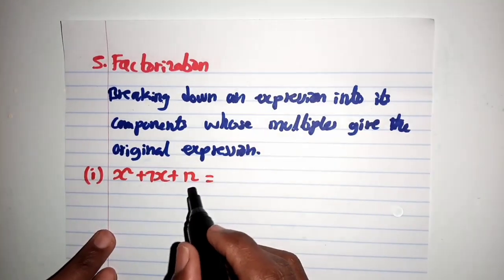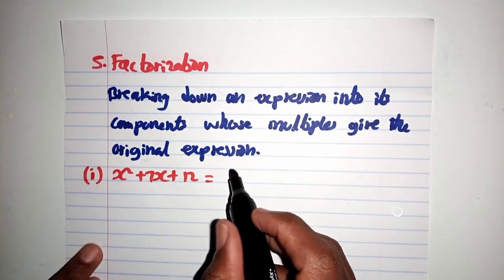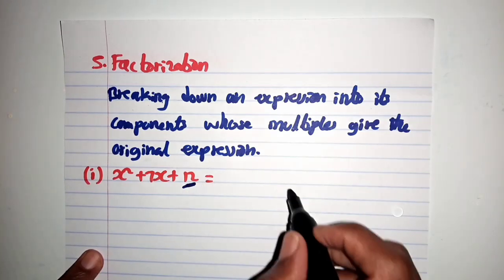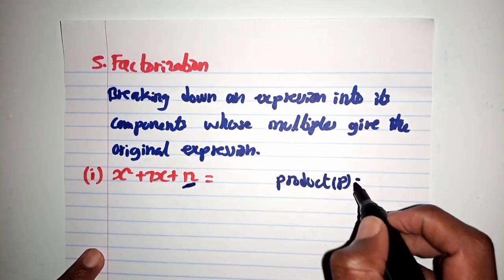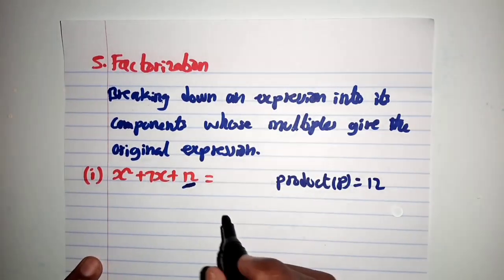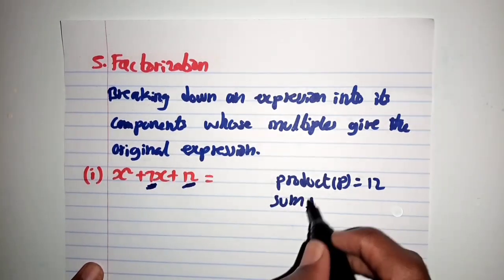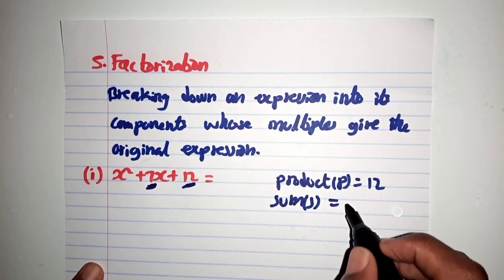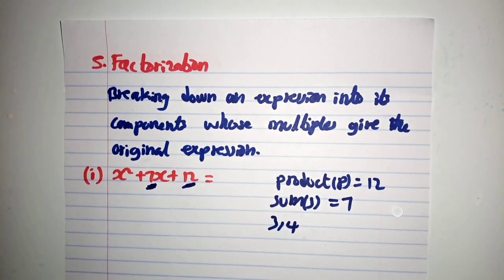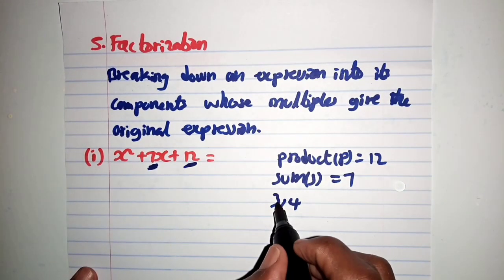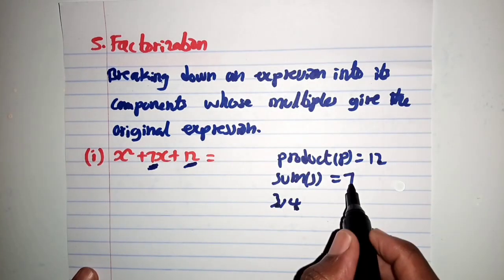When you are given such an expression, you normally ask yourself for two numbers whose product gives 12, but their sum should give you the mid value, so the sum should give you 7. In this case, 3 and 4 can be used, because 3 times 4 you have 12, and 3 plus 4 you have 7.